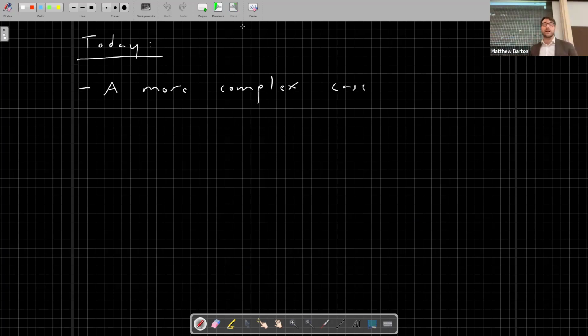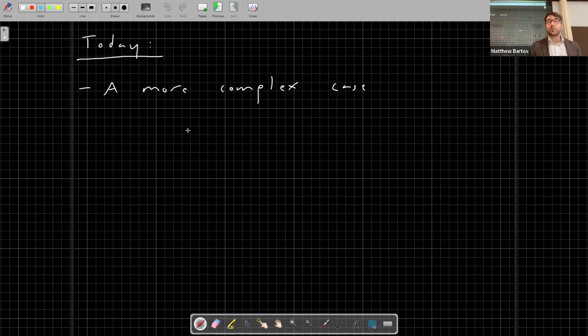So today we're going to look at a slightly more complex case. I'm going to start this problem and then I'm going to hand it off to you. So this activity is going to be due next week because I don't want to overload you with too much stuff this week. But you should have enough time in class this week to complete it.